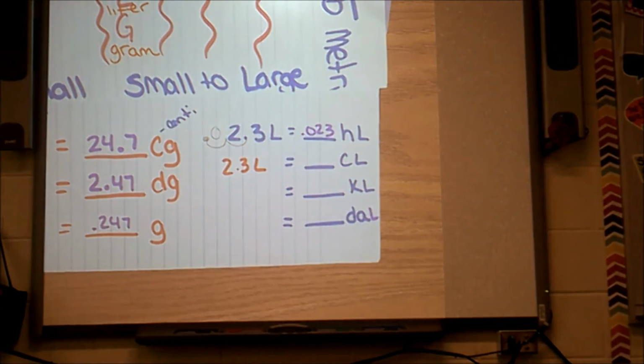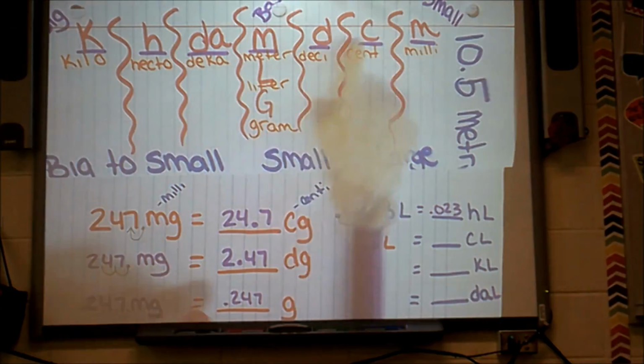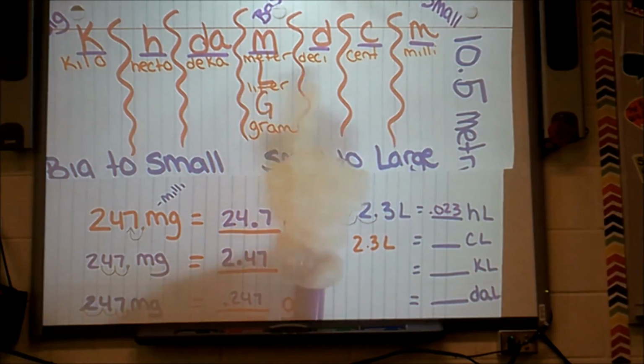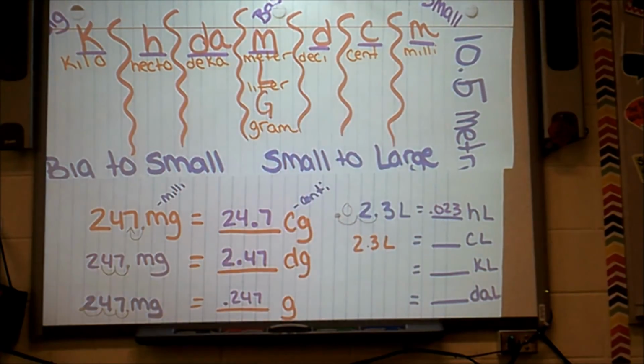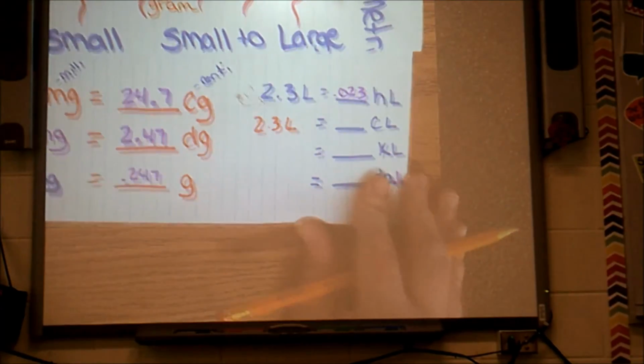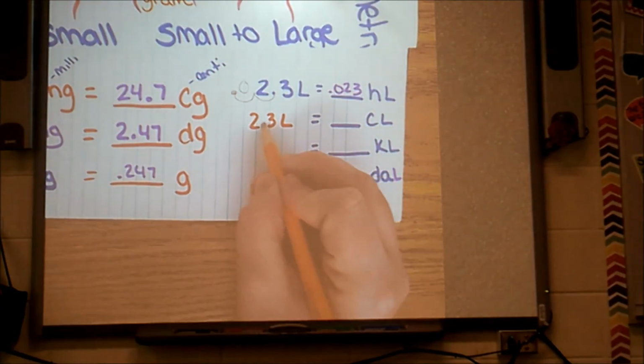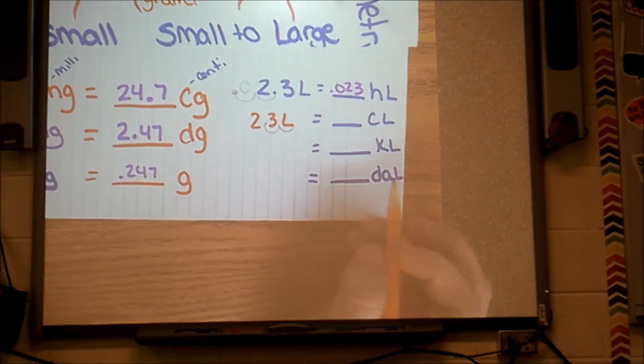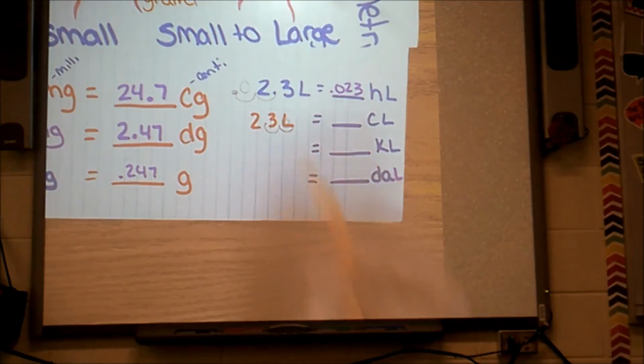I'm going to keep my same 2 3/10 liters, but now I'm going to convert that into centiliters. Here's my centiliters here. So I count the place value jumps. 1, 2. 2 place value jumps. But this time, guys, we are going to the right. 1, 2, and then I fill it with a 0.